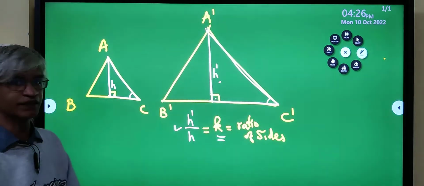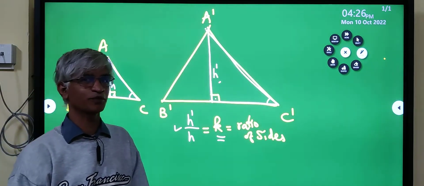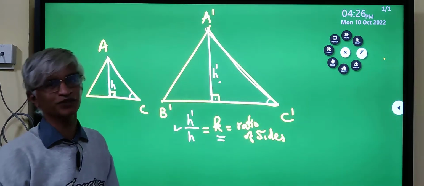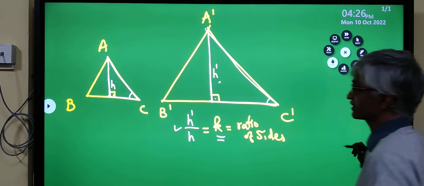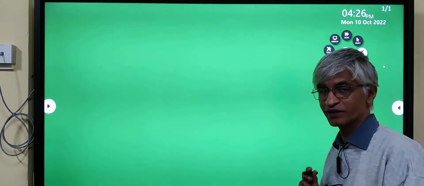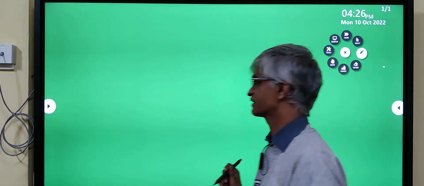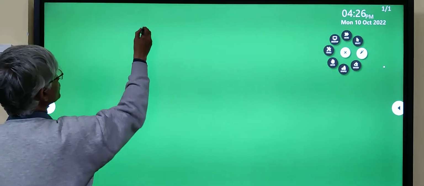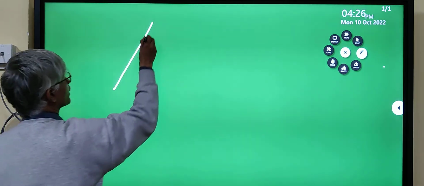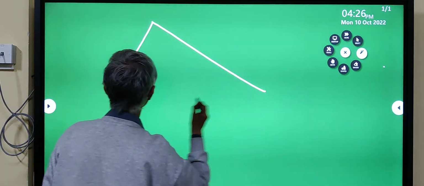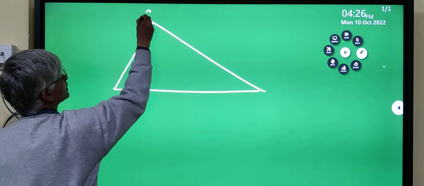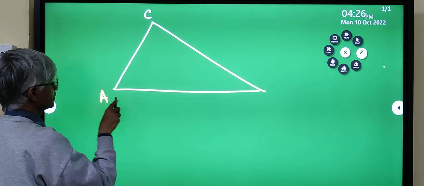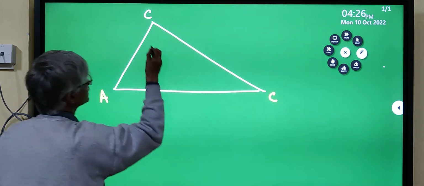So let's now proceed to the most famous introductory problems in this topic of similar triangles. The first problem is very classical, very interesting, and if you're seeing it for the first time, you're in for a very pleasant surprise. So I'm going to draw a triangle which has a 90 degree angle, but the 90 degree has been drawn here, okay?